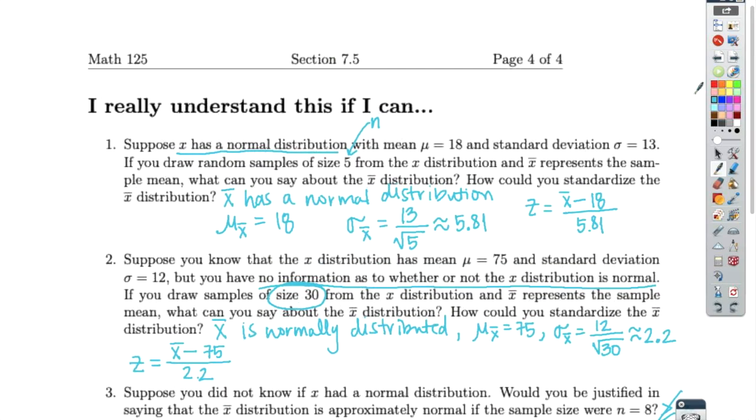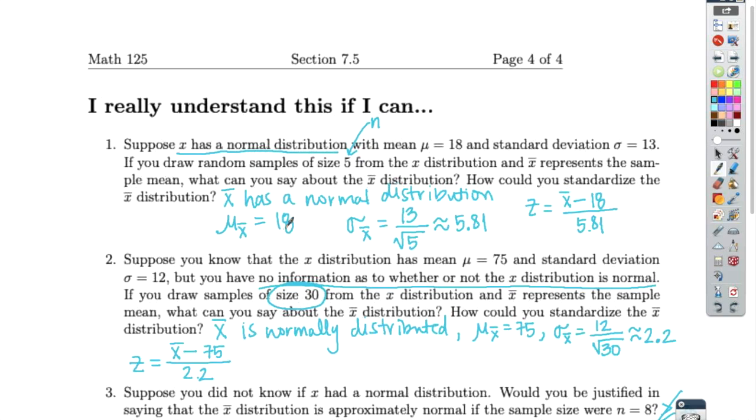So we're going to sort of deviate from this the next time we talk. The next time we talk, we're going to essentially do the same process, but we're going to apply it to a binomial distribution. So maybe before you watch the 7.6 video, just review, let's see, what section was it? 6.2.